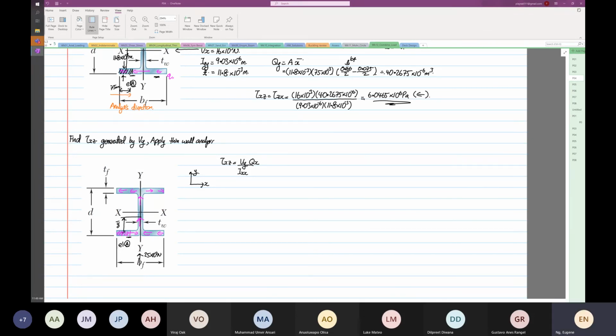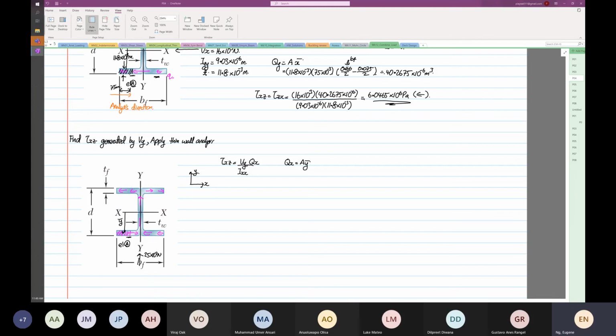So Qx is equal to A y bar. It's relative to my x-axis, so it's from here to here. This is my y bar. The other one is x bar. Did I draw it correctly? Yeah, x bar. Okay, it's correct.